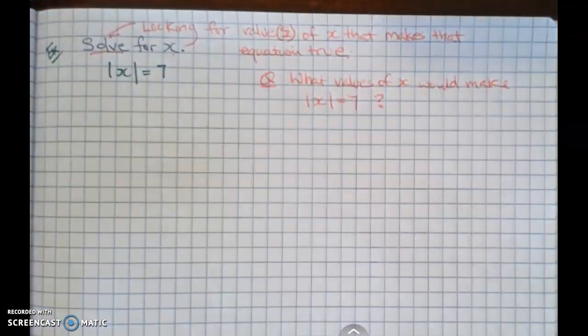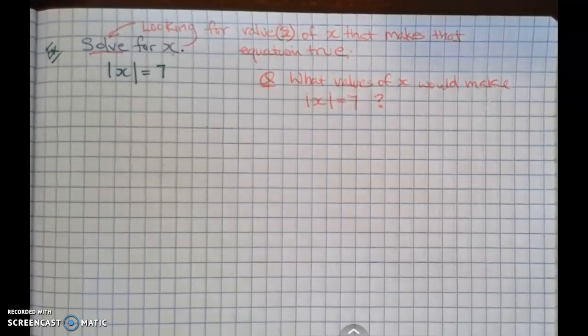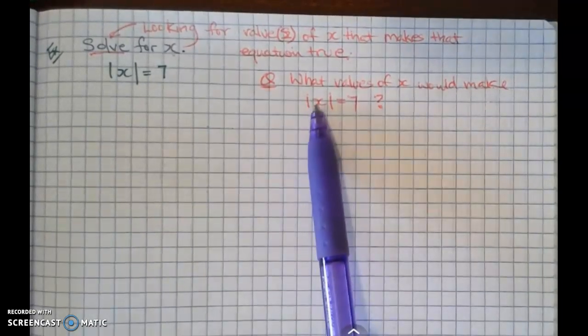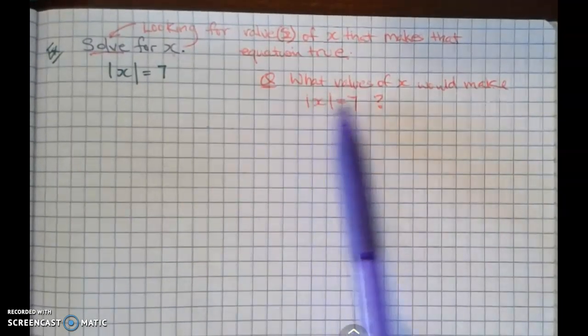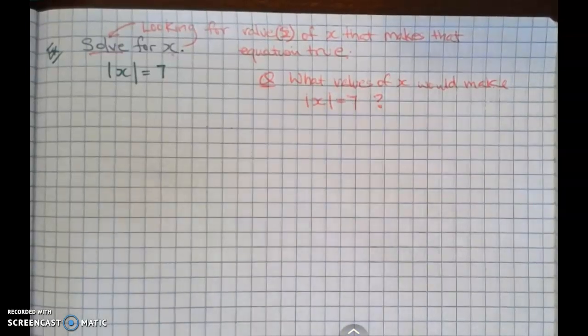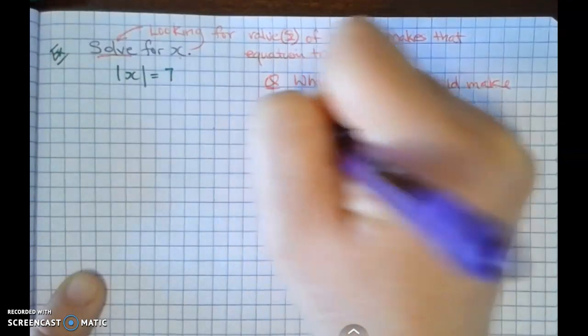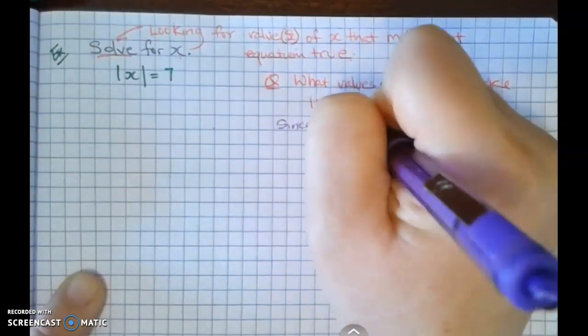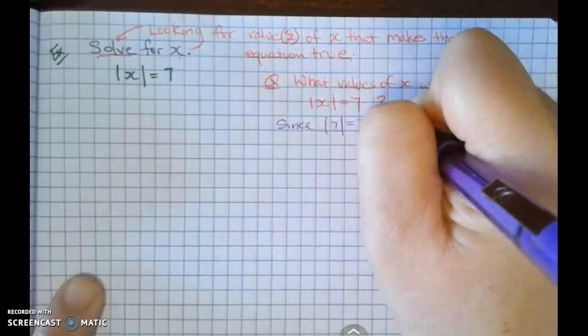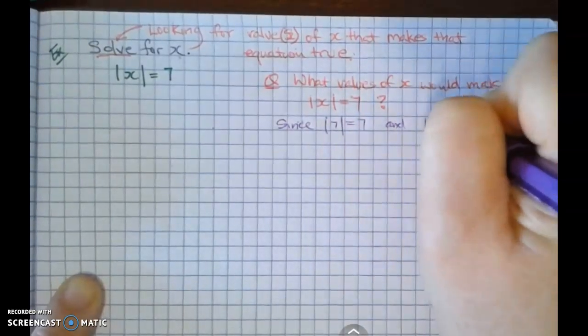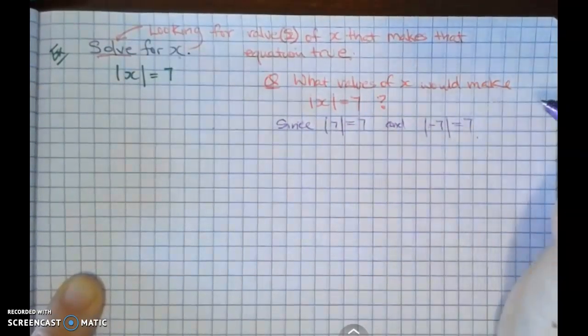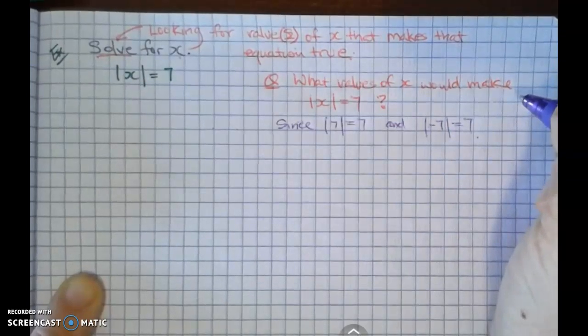Okay, now we have this question. Can you think of some numbers for x that, once you apply the absolute value, are going to come out as 7? Well, since the absolute value of 7 is 7 and the absolute value of negative 7 is also 7, we have two different solutions.